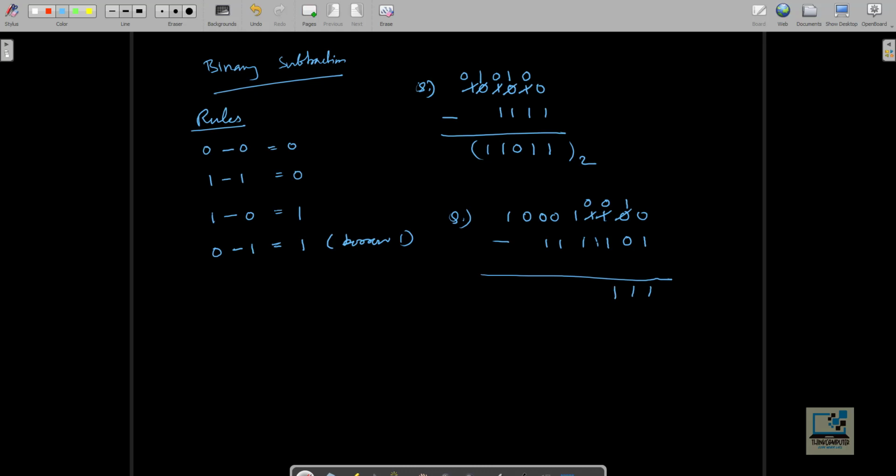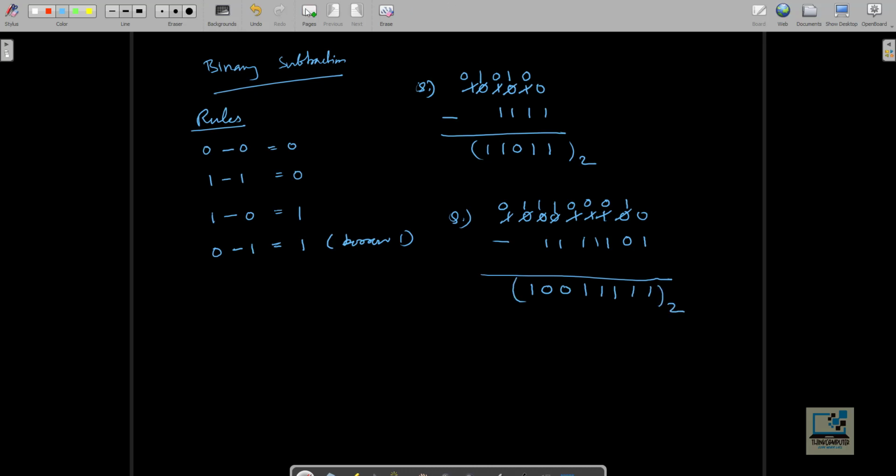Again 0 minus 1 we have to borrow, so make this 1 0 and borrow from there. 0 minus 1 we have to borrow, but these all are zeros, so look for the first one, make it 0, all the middle zeros will become 1 and 1 has been borrowed. 1 down, that's your answer.